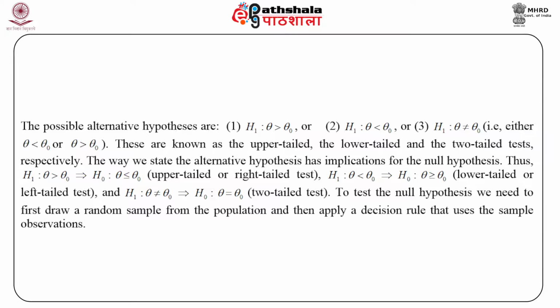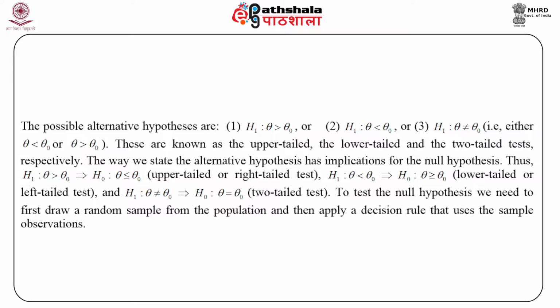The way we state the alternative hypothesis has implications for the null hypothesis. Thus, if our alternative hypothesis H1 is theta greater than theta 0, then our null hypothesis means that theta is less than or equal to theta 0, which is an upper-tailed or right-tailed test.